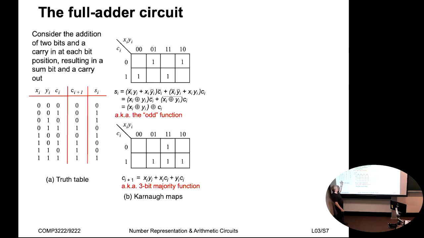The carry out is xi and yi, or xi and ci, or yi and ci. For 3 input bits, that's called the 3-bit majority function because it's 1 when 2 or more of the input bits are 1. Which stands to reason because when the sum of the 3 unary bits is 2 or 3, we need to have the carry out being 1, right? Okay, good. So that's that. Are there any questions on the derivation?